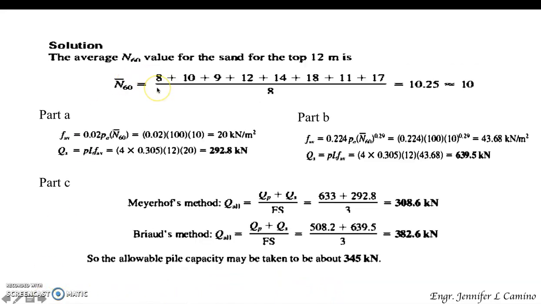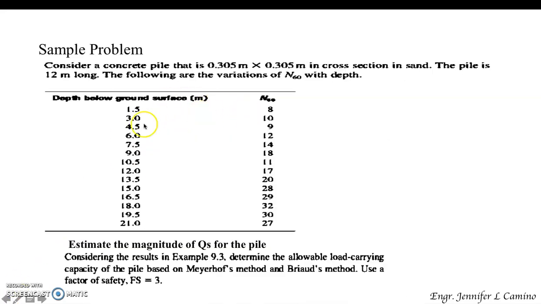Since we are given the standard penetration numbers, we get the average N sub 60 value for the sand for the top 12 meters. Using the top 12 meters depth, the N sub 60 will be up to this point. So that is 8, 10, 9, 12, 14, 18, 11, and 17.